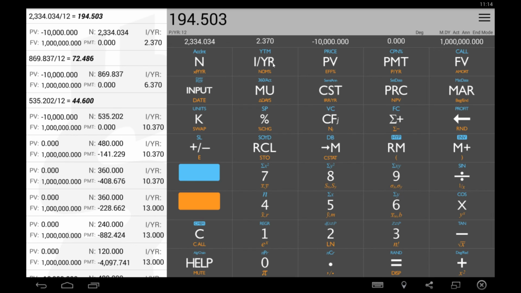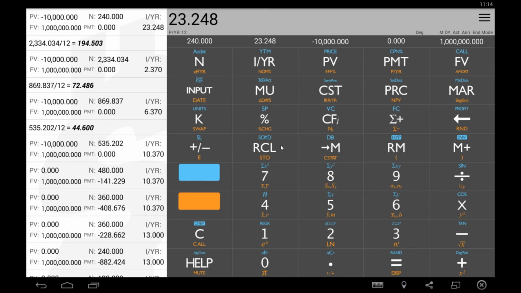Now we want to solve for interest rate. So let's say we're looking at 20 years and we have $10,000, right? And payment is 0, and a future value of $1 million. What consistent interest rate would I need over 20 years off of $10,000 in order to get $1 million? 23%.